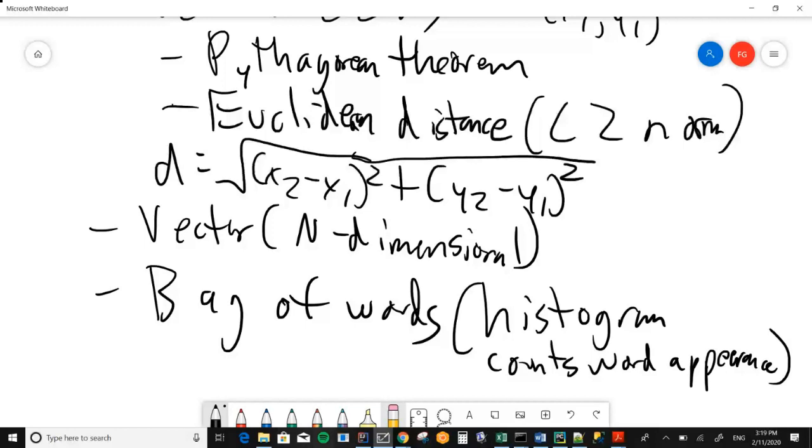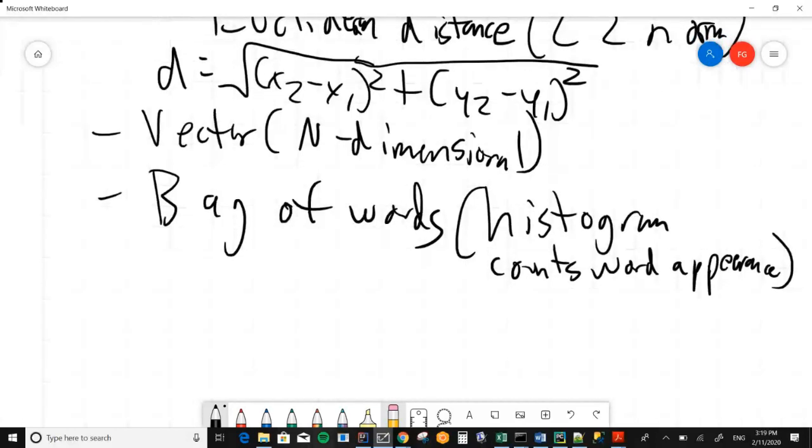So if you've got the bag of words, your vector that you're doing differences on is just a count of the number of appearances of each word. So when you've got your string put into the bag of words representation, let's imagine a simple string like "the fox is..." Oh, this isn't a good one because it doesn't have any repetition.